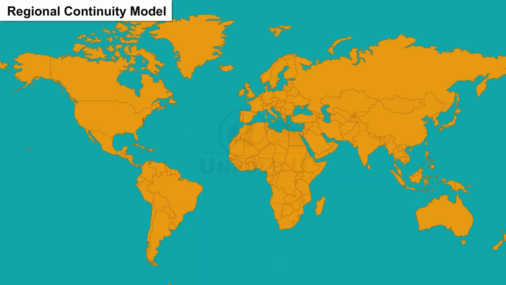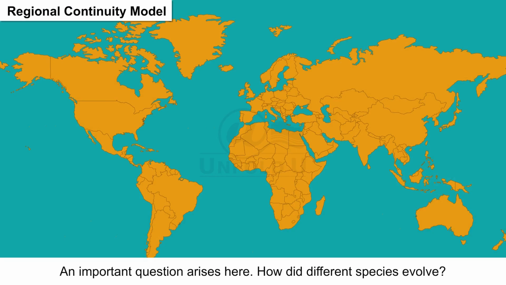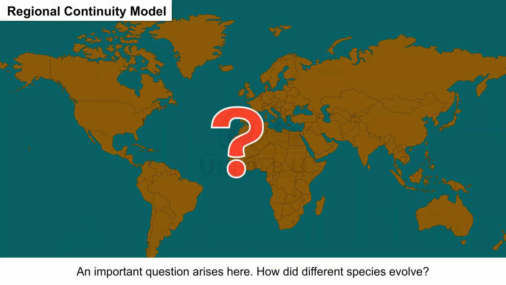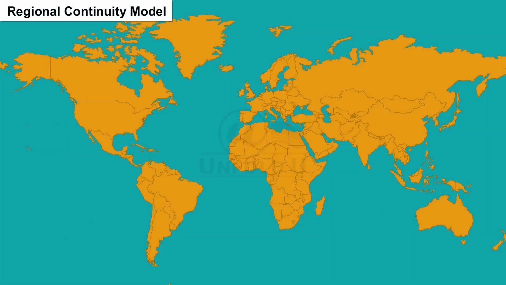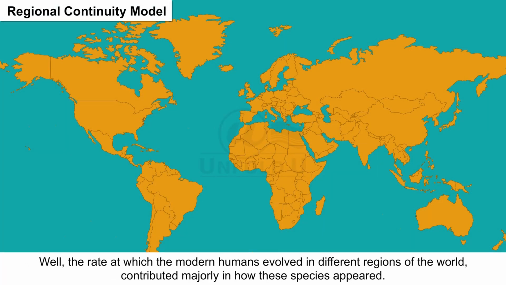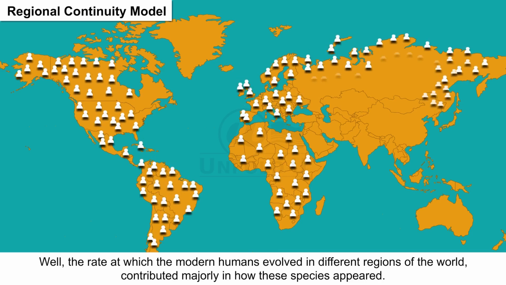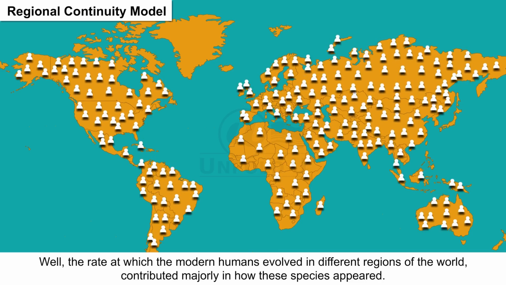Regional continuity model. An important question arises here. How did different species evolve? Well, the rate at which the modern humans evolved in different regions of the world contributed majorly in how these species appeared.